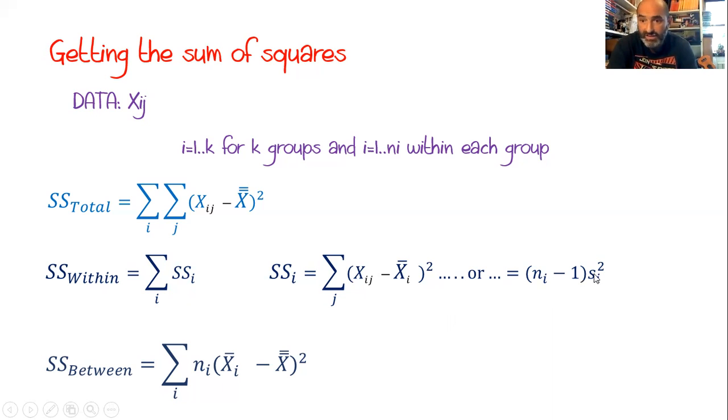Now think sample one's variance is something you know, but you need the numerator of it. What is sample variance one? It's the numerator divided by n1 minus 1. Carry the n1 minus 1 over here. If you know s_i squared and you know n_i, you don't need to find that variance, doing lots of operations.